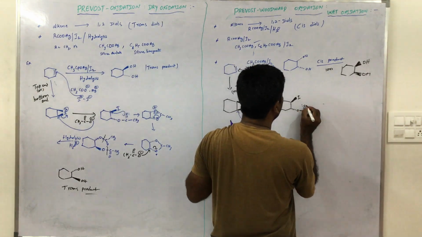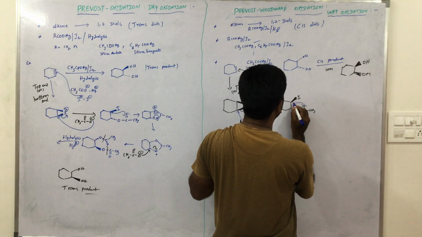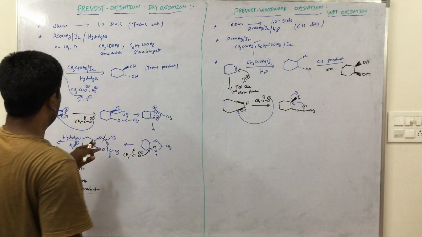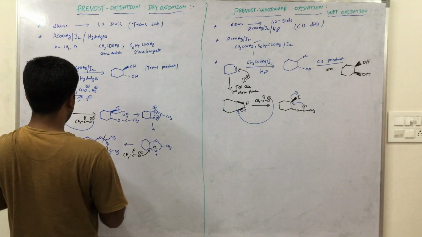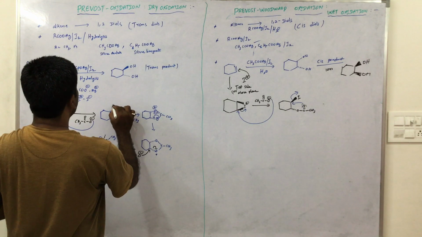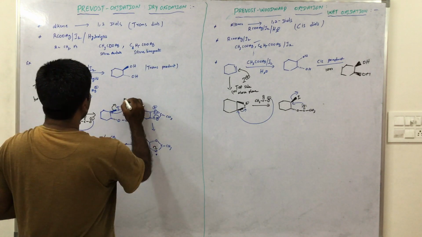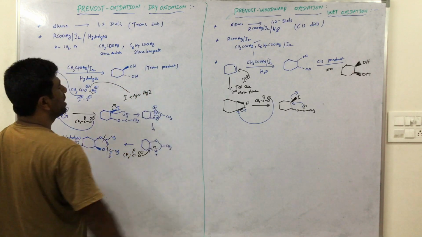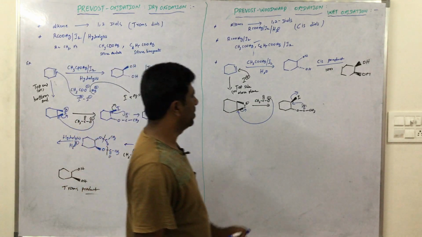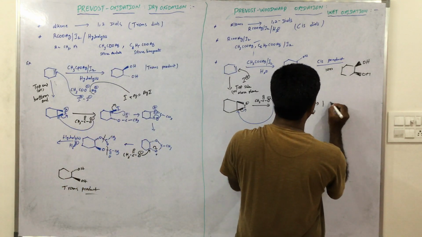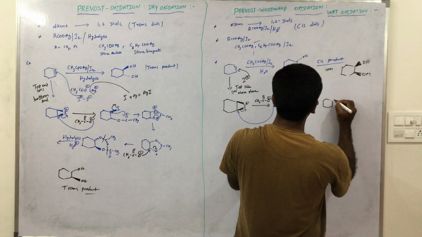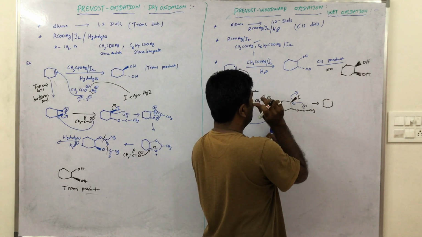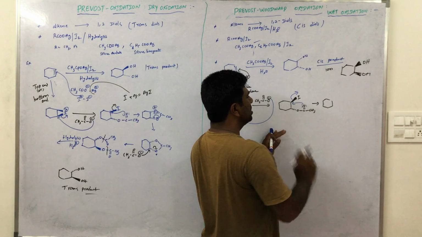That's why this oxygen goes below the plane of carbon. Now this oxygen having a lone pair of electrons is migrated here, and iodine is eliminated here. Iodine plus the Ag is eliminated in the form of AgI. Okay, now the product is, observe here, this bond is already above the plane.